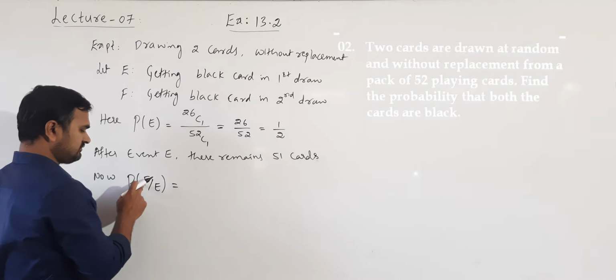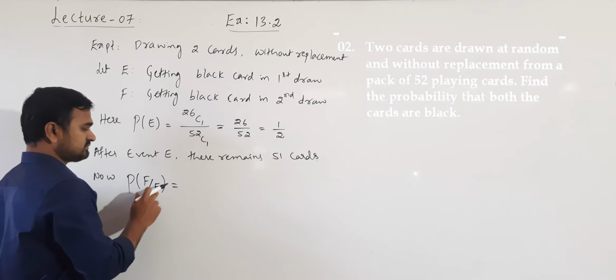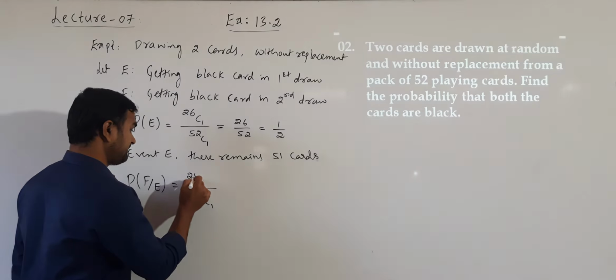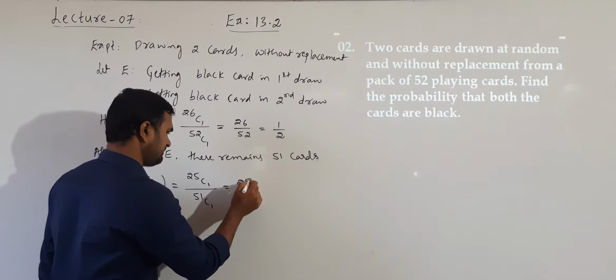So probability of drawing second one as black, given that first one is black. So total there are remaining 51 cards, we are selecting one. In that, how many are black cards? Only 25 are black cards. So select one. It is 25 by 51. Okay.